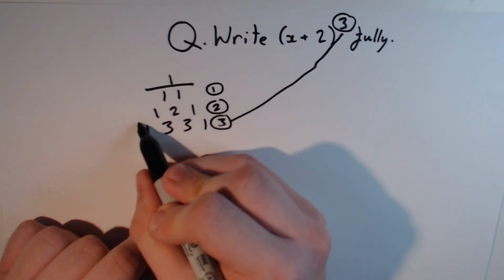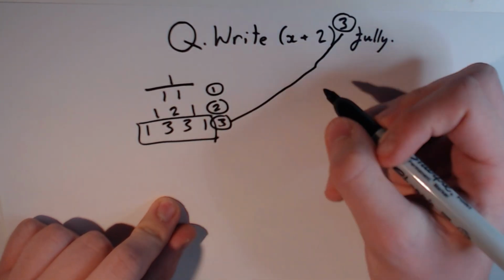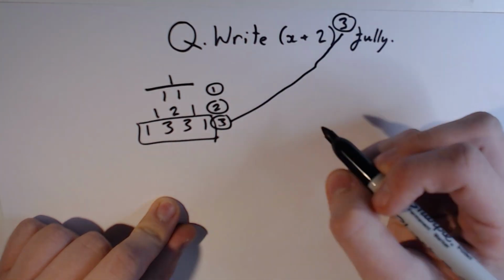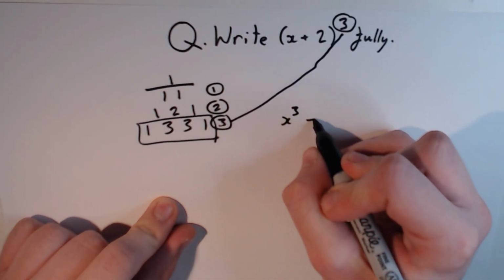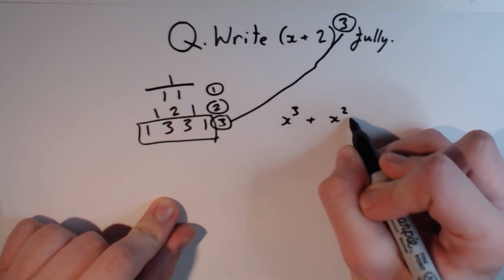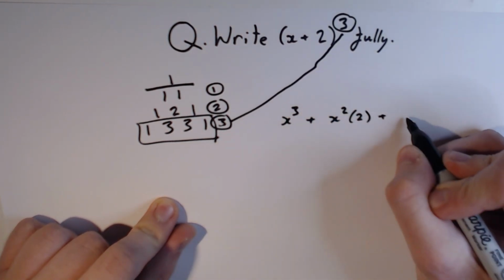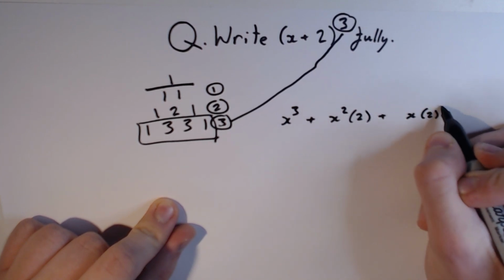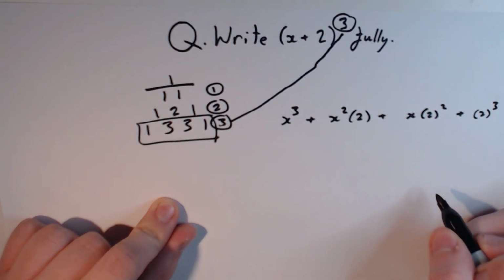So we're going to take this, we're going to box it, and from there we write out the base expansion as I stated: x cubed plus x squared times 2 plus x times 2 squared plus 2 cubed.